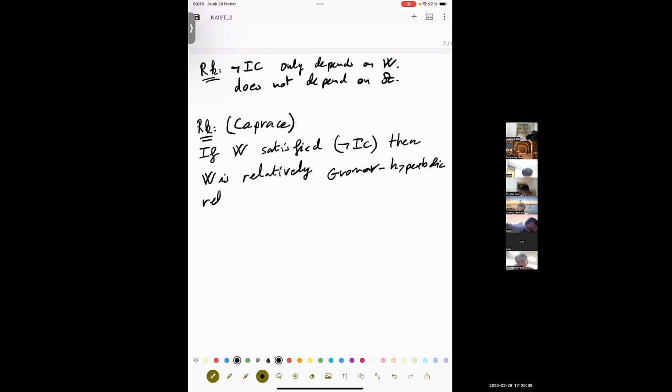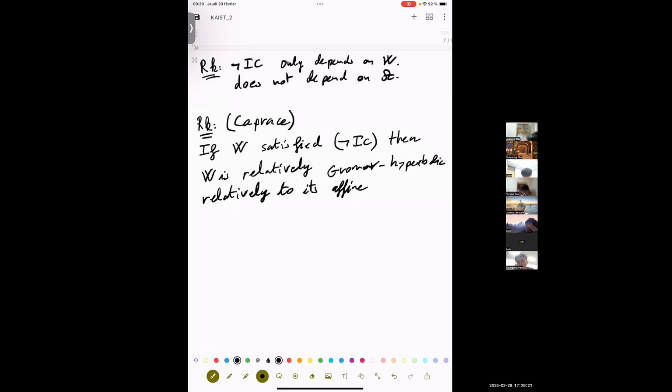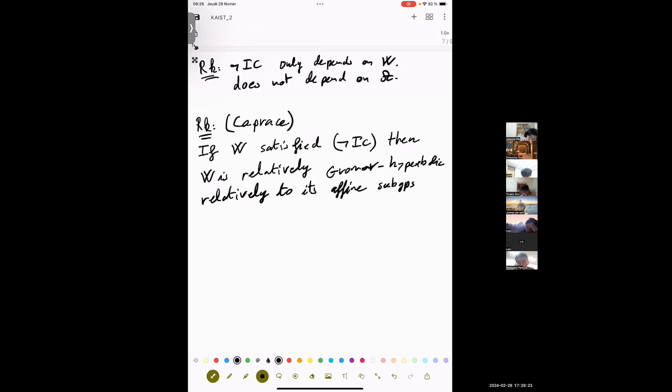Relatively to what? Because this is important in relatively hyperbolic groups. So it's relatively to its affine subgroups, which are necessarily irreducible, and since it has no IC, of rank bigger than 3. Okay, so it's a very special kind of Coxeter group that can satisfy this hypothesis.